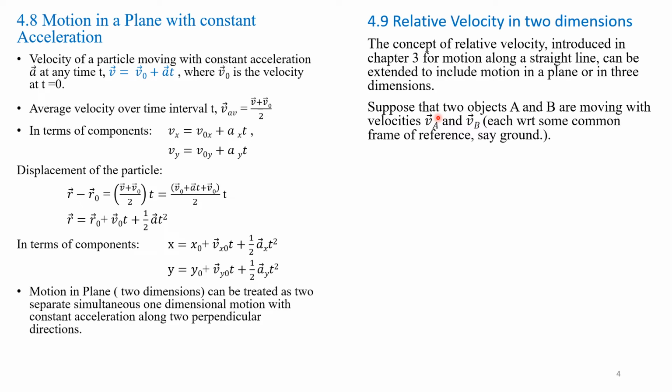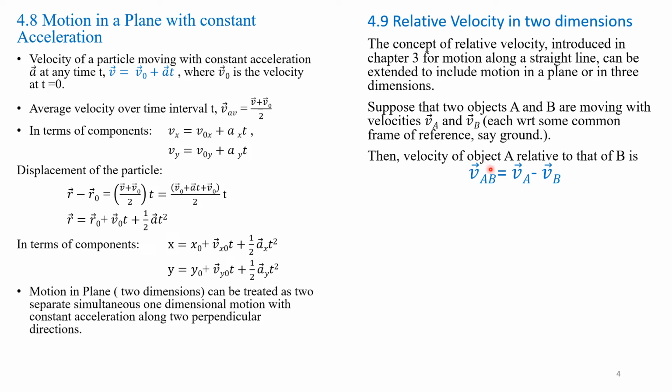Suppose that two objects A and B are moving with velocities vector Va and vector Vb, each with respect to some common frame of reference. Usually the ground is taken as the reference.